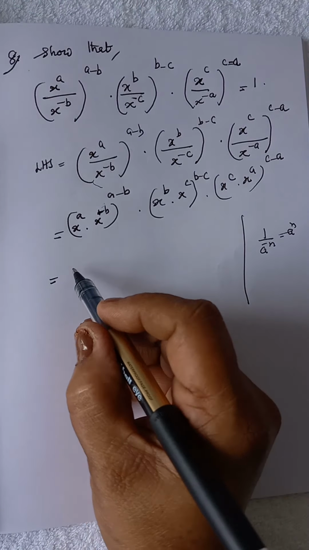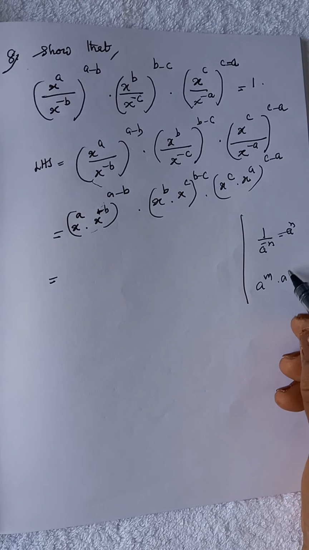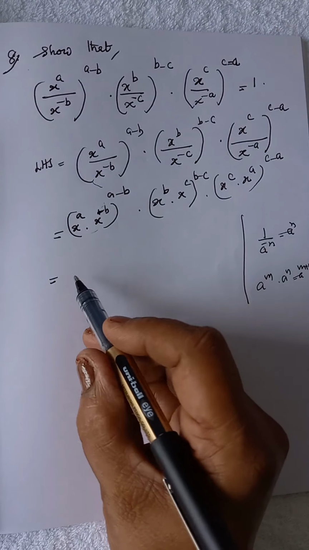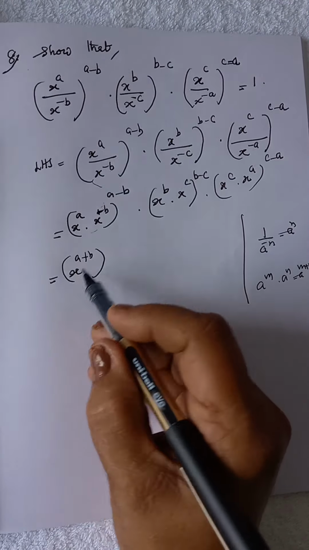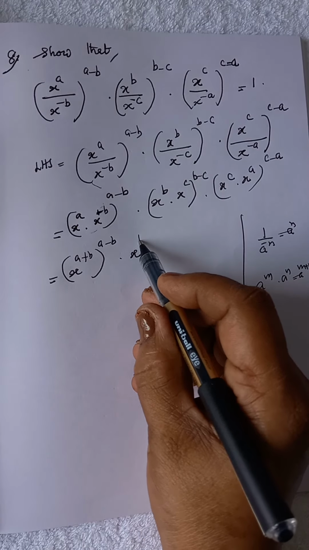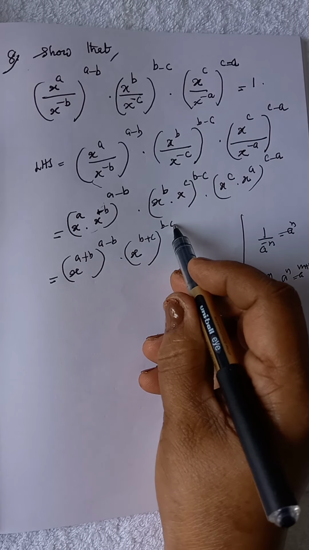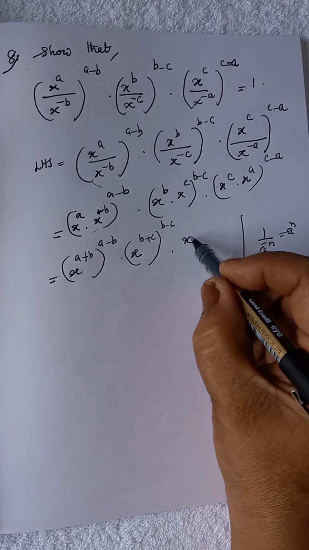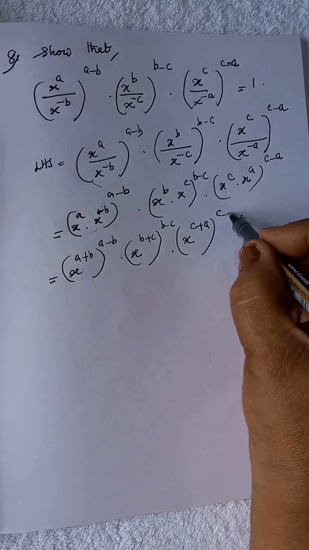So now this is equal to, we can use a raised to m into a raised to n, that is a raised to m plus n, that formula here. So x raised to a plus b whole raised to a minus b, that into x raised to b plus c whole raised to b minus c, that into x raised to c plus a whole raised to c minus a.